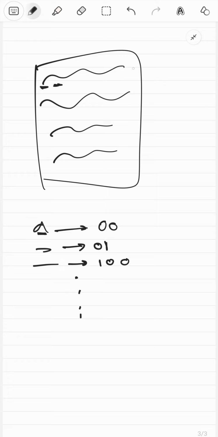And so whenever you want to compress something, this is probably one of the major ideas that you could use: you compress it by assigning each character an encoding based on its frequency. Another way of saying frequency is probability.